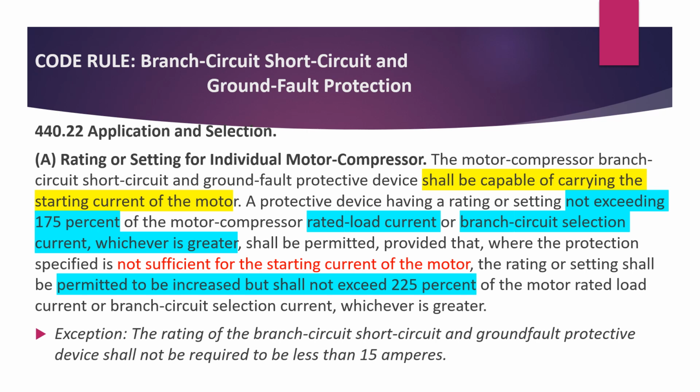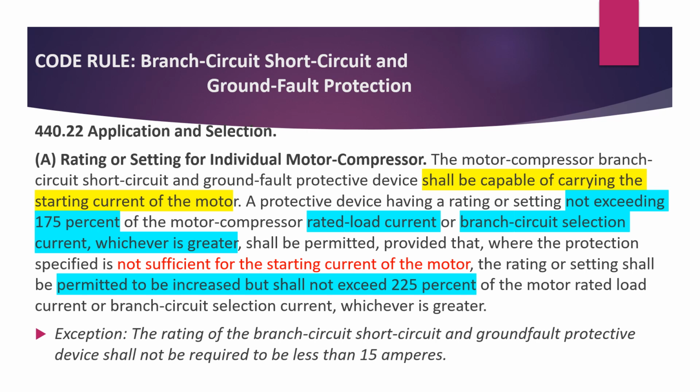A protective device having a rating or setting not exceeding 175% of the motor compressor rated load current or branch circuit selection current, whichever is greater, shall be permitted, provided that where the protection specified is not sufficient for the starting current of the motor, the rating or setting shall be permitted to be increased but shall not exceed 225% of the motor rated load current or branch circuit selection current, whichever is greater.